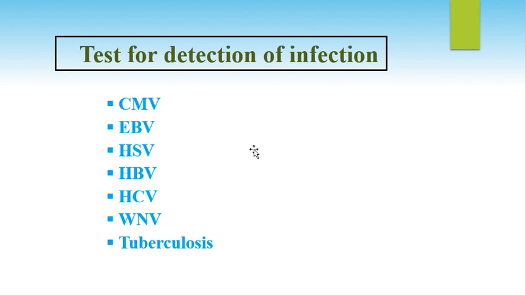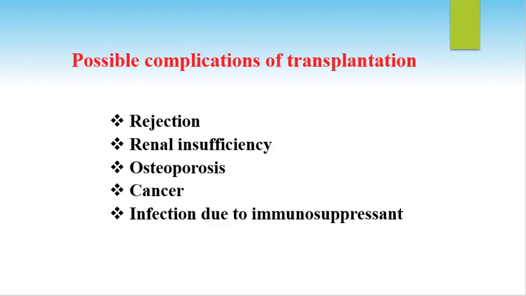Also, other tests are required before transplantation, for example, tests to detect infections such as cytomegalovirus, Epstein-Barr virus, herpes simplex virus, hepatitis B virus, hepatitis C virus, West Nile virus, and tuberculosis.